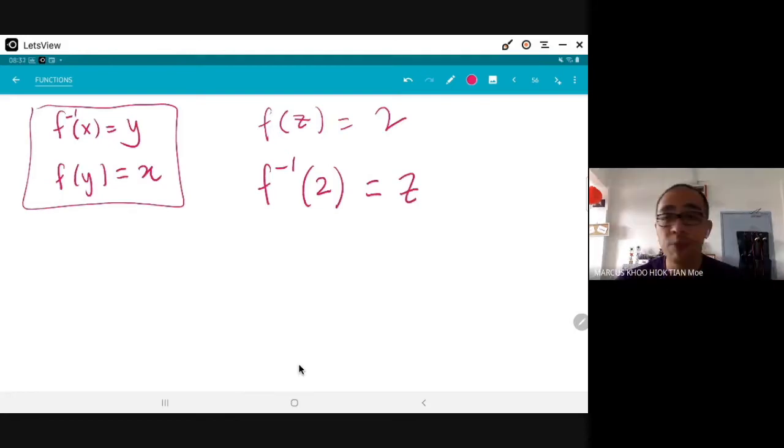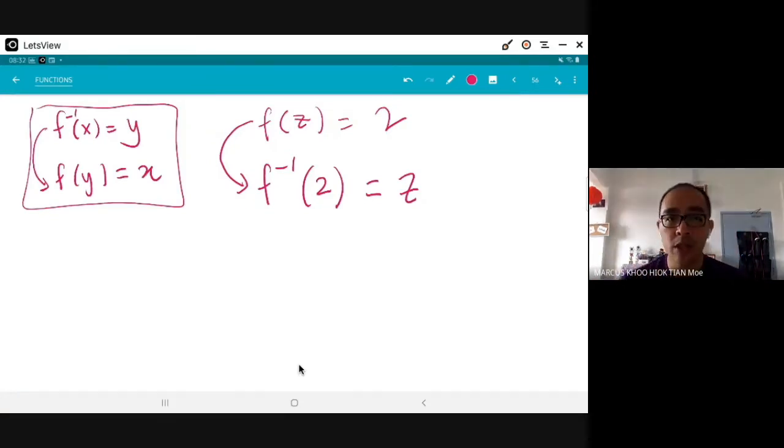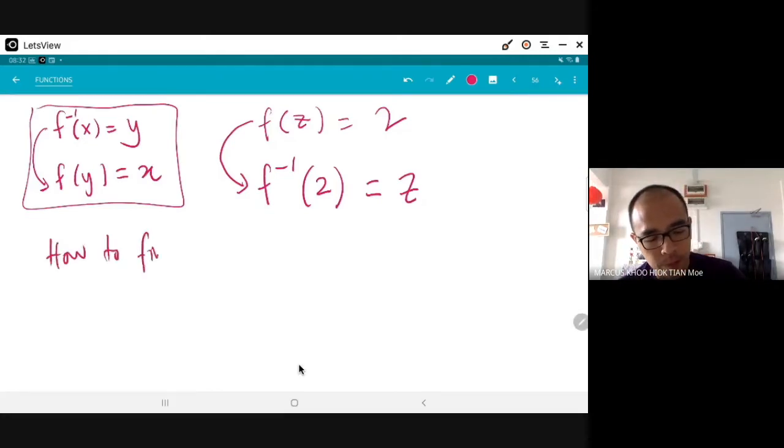Kalau saya mau tukar inverse pergi function biasa, sama juga prinsipnya. Kalau saya mau tukar function biasa pergi inverse, it is the same principle. Tapi ini yang menjadi sangat penting untuk kita. So, our big question today is how to find the inverse function from any function.